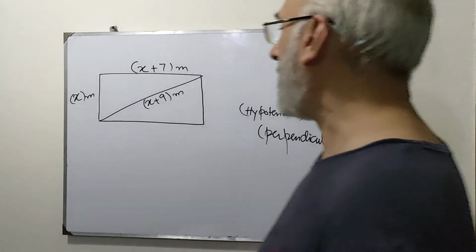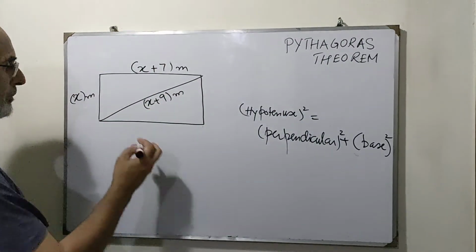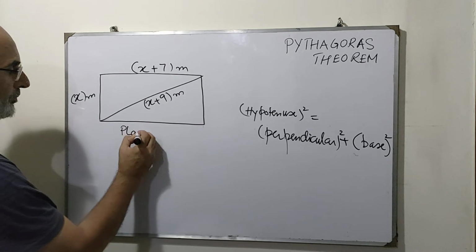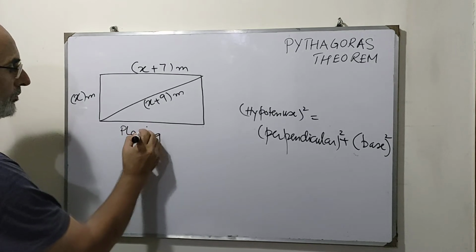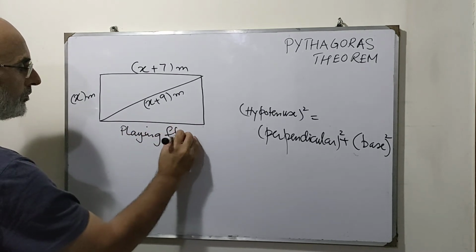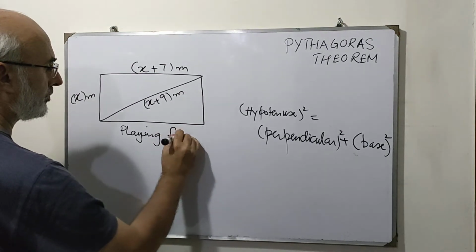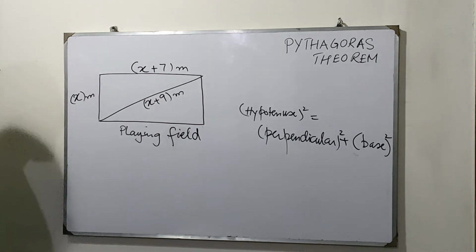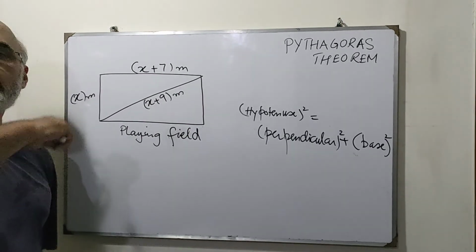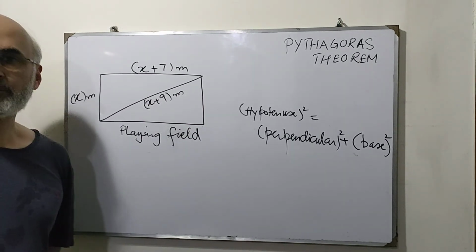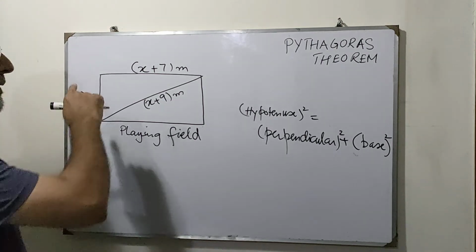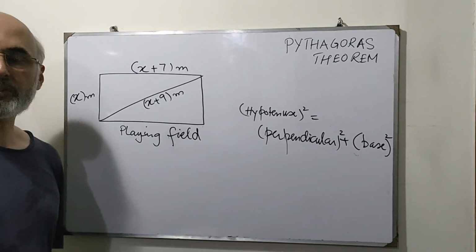Okay, now I have a playing field. Now, this playing field has to be fenced. We need the measurements of the boundaries of this playing field.